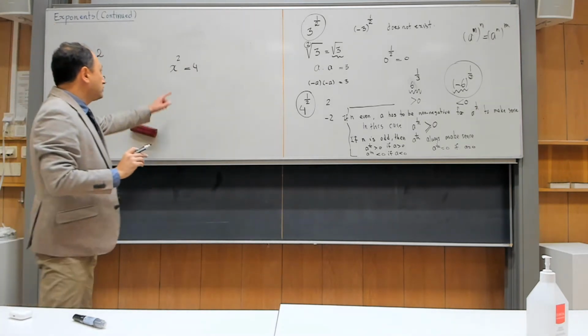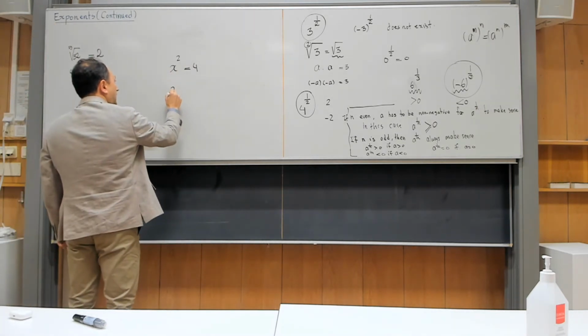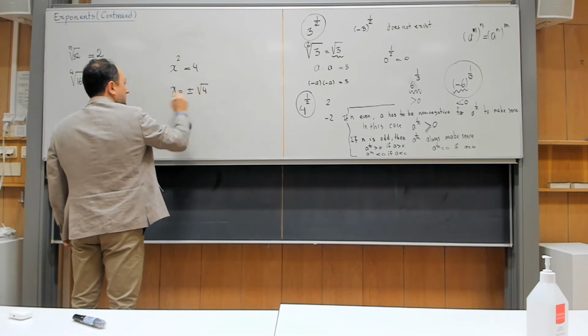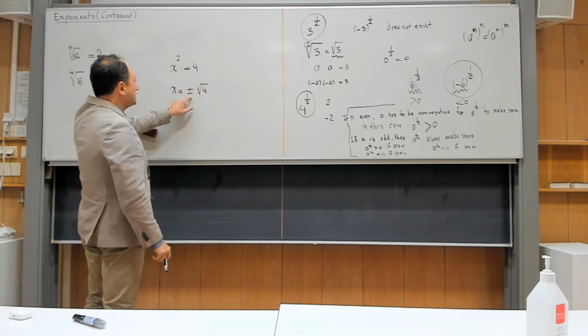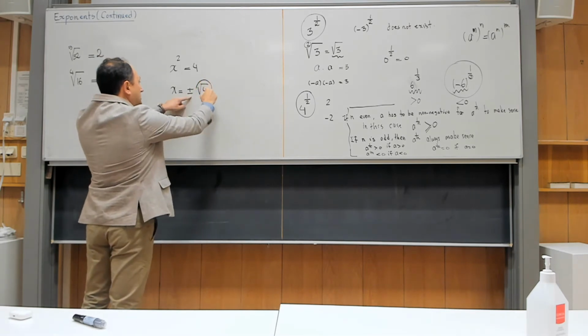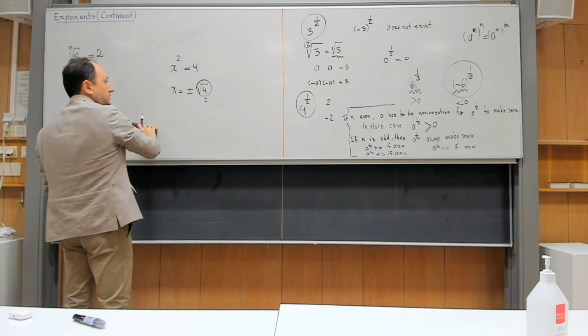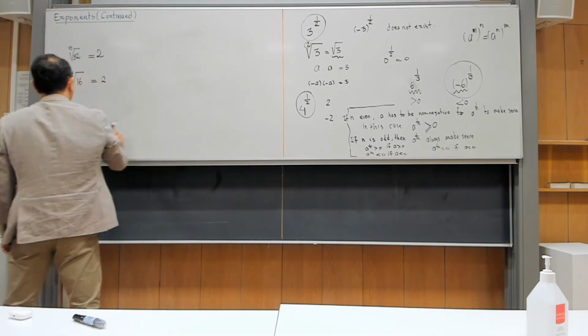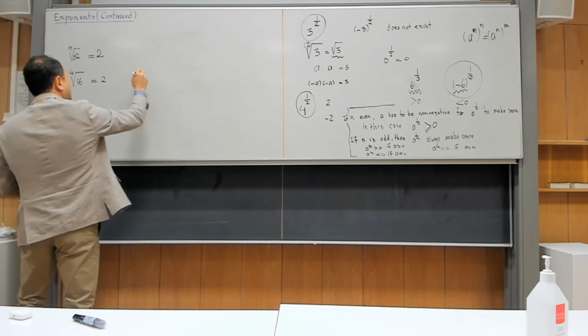Okay? If I want to write it clearly, I have to write it in this way. This plus and minus is coming from here, not because this is plus and minus. This is always 2. The plus and minus is coming from... I will talk about these equations later. Okay? So what do you think about this?